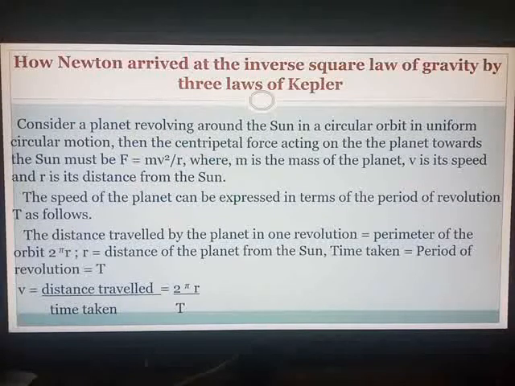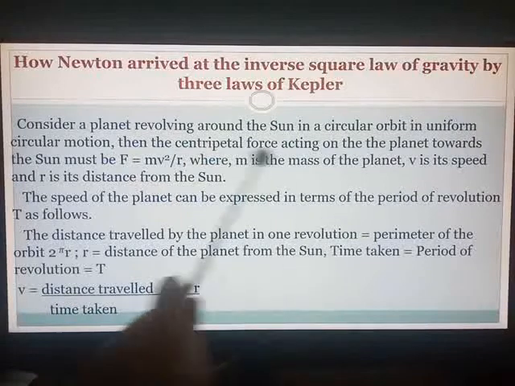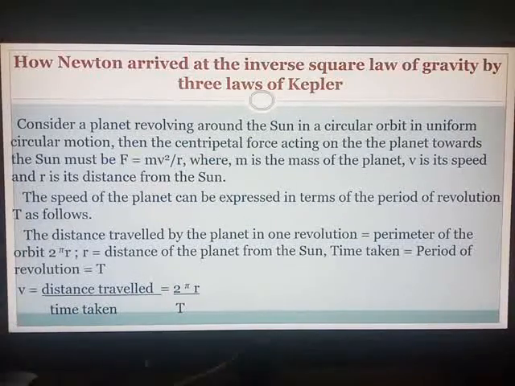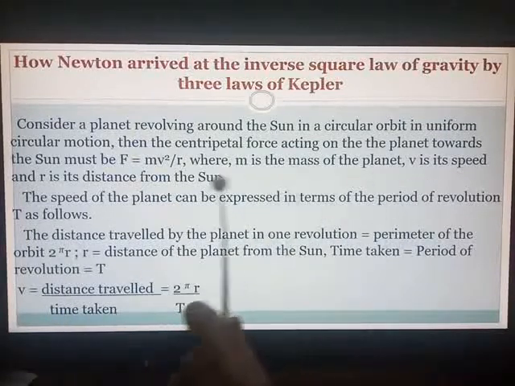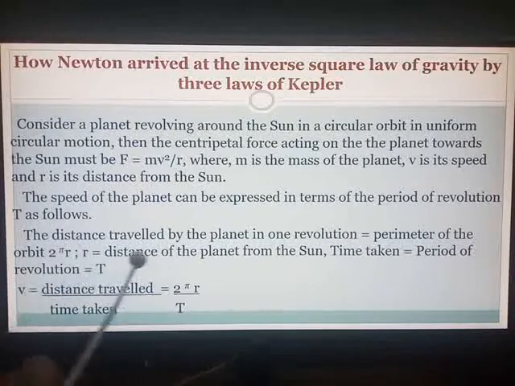The speed of the planet can be expressed in terms of the period of revolution T as follows. Here you have to apply simple maths. Distance traveled by a planet in one revolution is nothing but the perimeter of the orbit, 2 pi r, an application of a formula from geometry, where r is the distance of the planet from the sun.